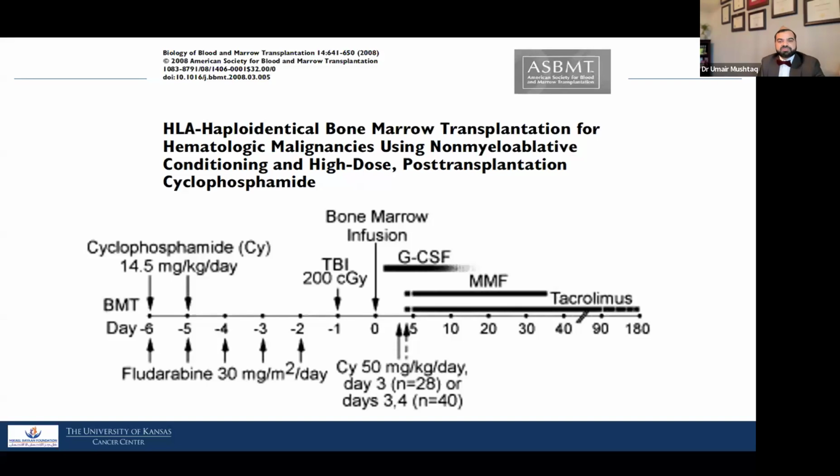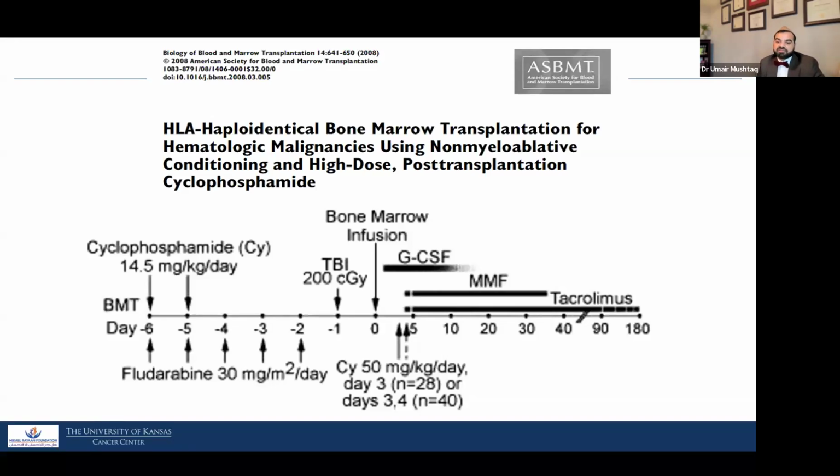And this is the original regimen that was developed at Johns Hopkins using post-transplant cytoxin. So a very reduced intensity or non-myeloablative conditioning regimen: a lower dose of fludarabine, cyclophosphamide, and a single fraction of total body radiation at 2 grays. Then they gave a bone marrow graft infusion. And you follow it with day 3 and 4 cyclophosphamide at 50 milligrams per kilo per day.